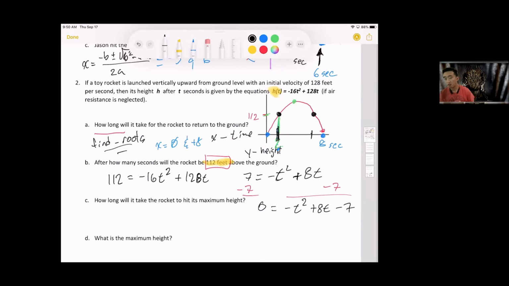And you use the quadratic formula to find those 2 points. So negative 8 plus or minus the square root of 8 squared minus 4ac, all over 2a.